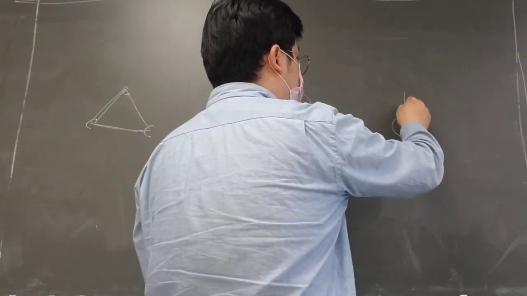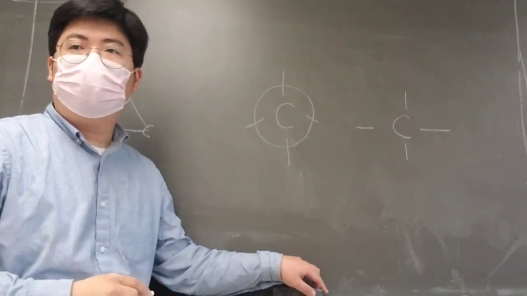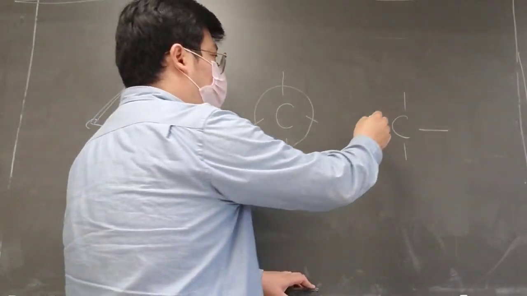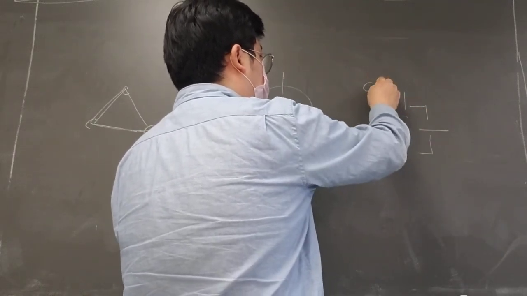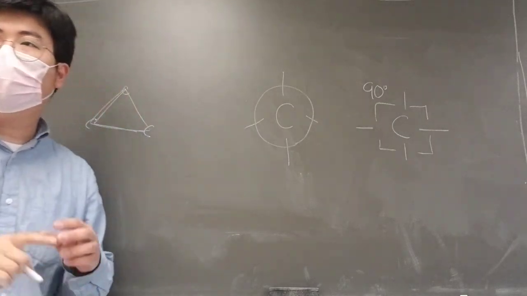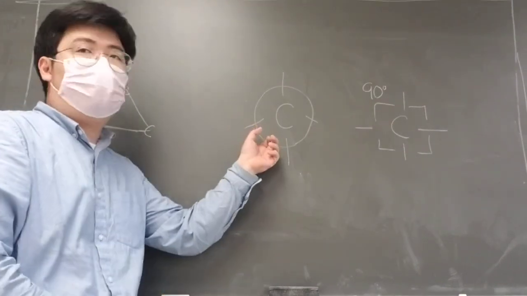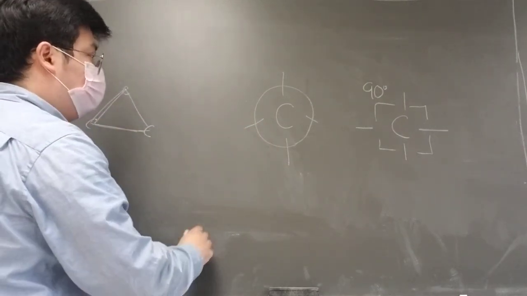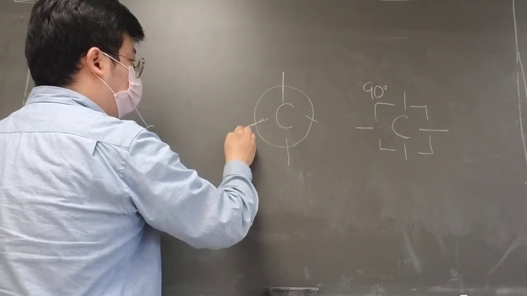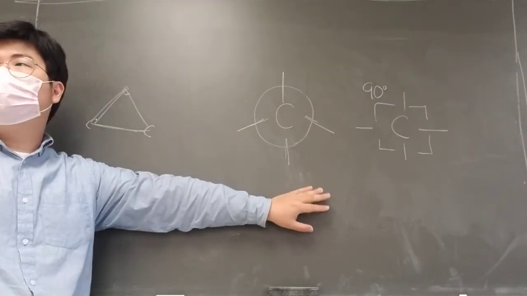Okay, so if you think about this one, it's kind of easy to see this one as tetraplanar because if you look at this one like this, you might think this is only like 90 degrees apart from each bonding here, but this is a tetrahedral structure, means they're all going to be spaced, locate their bondings in the 3D, not on the 2D like this plane of the backboard.